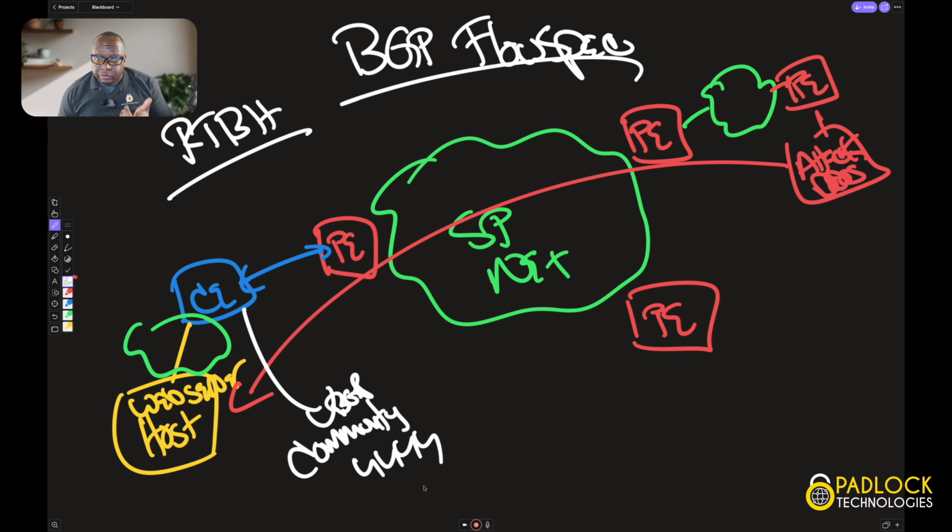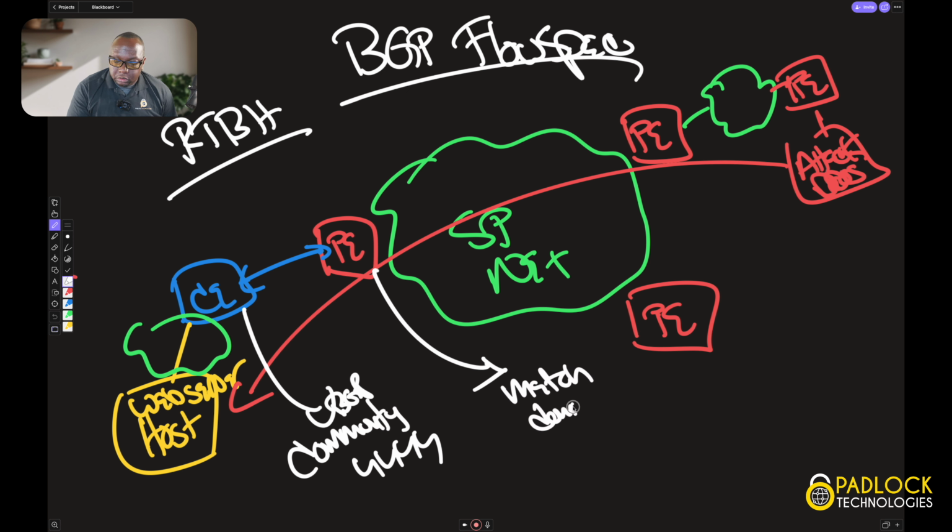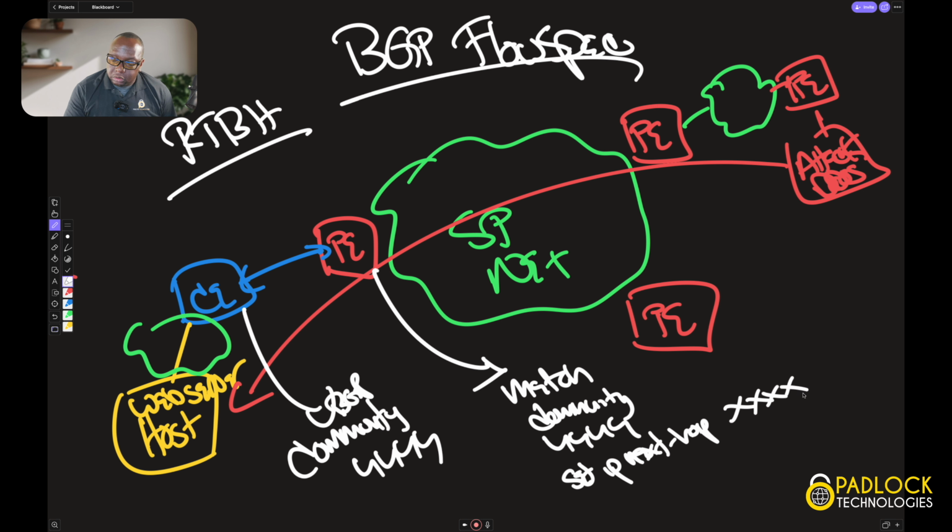So the PE now is going to be looking for that. And what happens is, when you send that to the PE, it says, if I match the community value of 4444, then I'm going to set the IP next hop to some address.